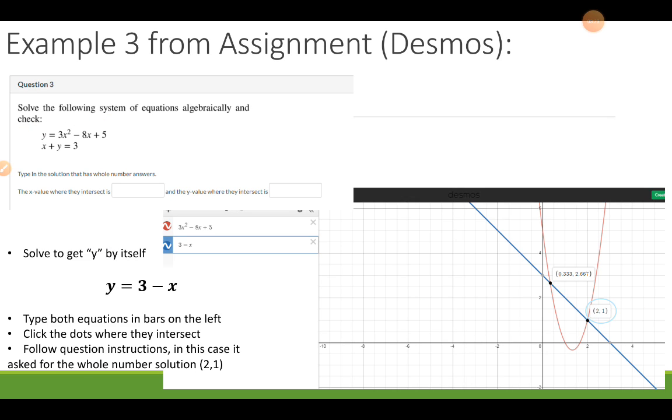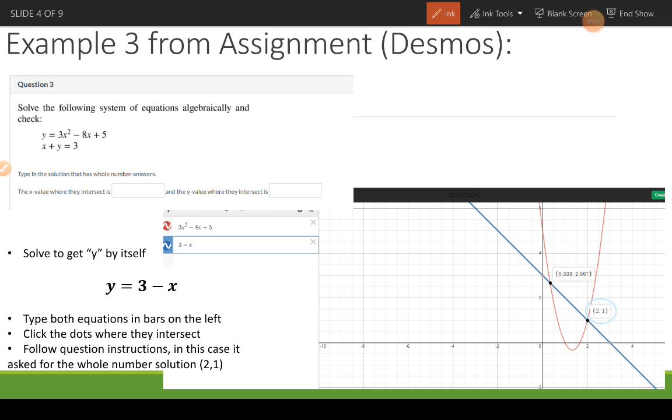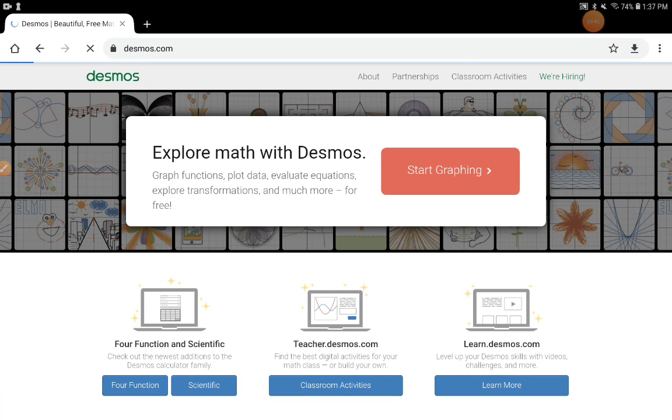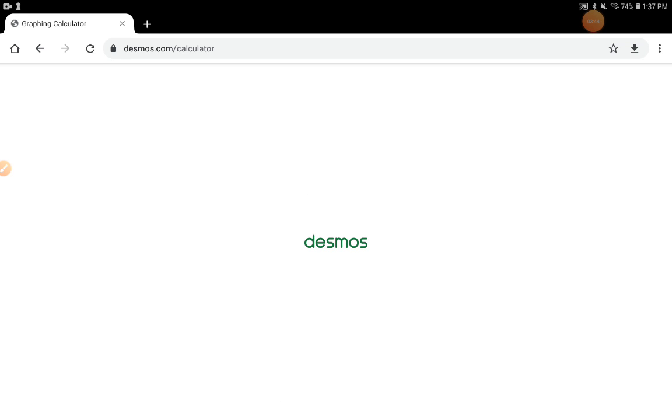All right, so let's talk about this in Desmos. This is the same problem. You actually don't need to solve for y in this case. Let me show you how to do that.